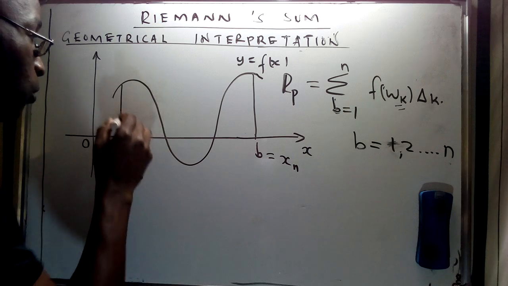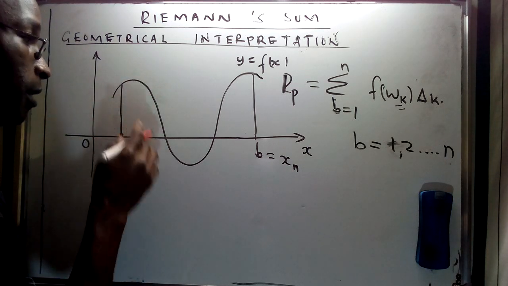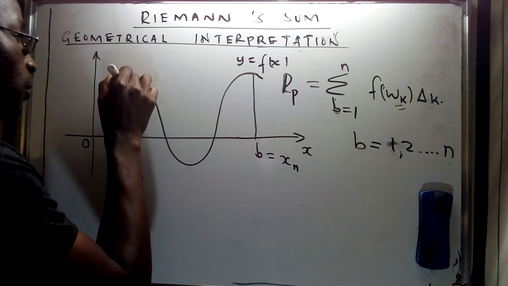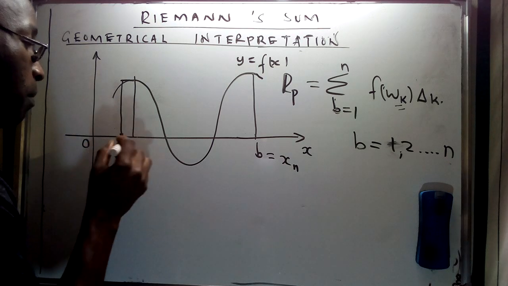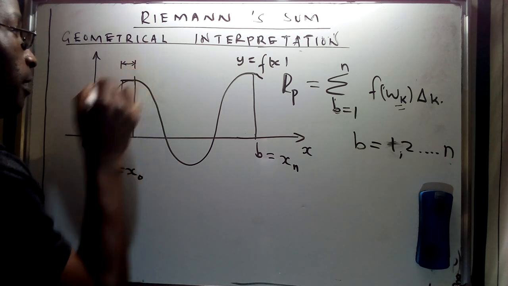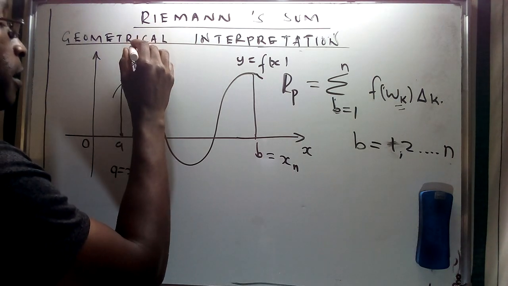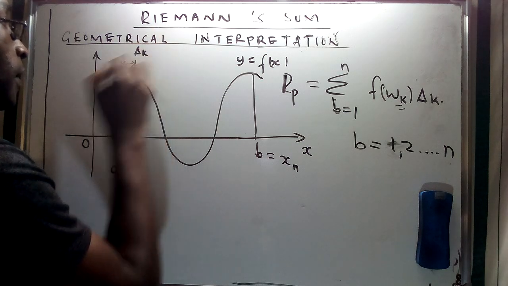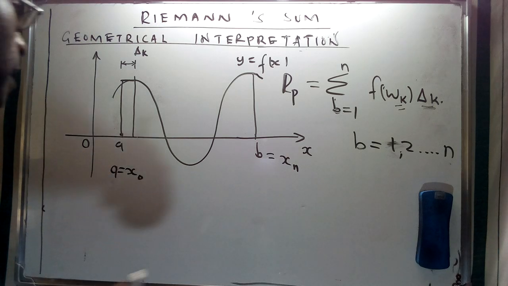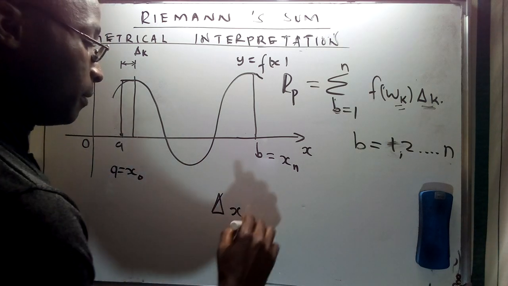In order to find the area under a curve, we consider several partitions of this curve, and we have a range of rectangles. The division between this point and this point, which we consider to be the width of a rectangle, is given using delta xk.